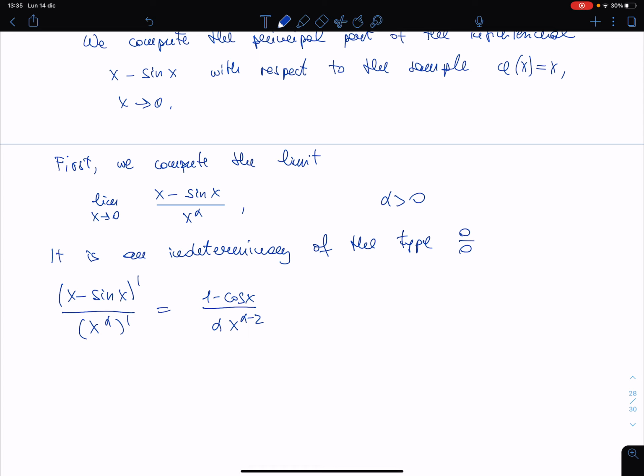This is 1 minus cosine of x divided by alpha x to the alpha minus 1. And here we know exactly what happens: if alpha is smaller than 1, then this goes to 0. Sorry, larger than.